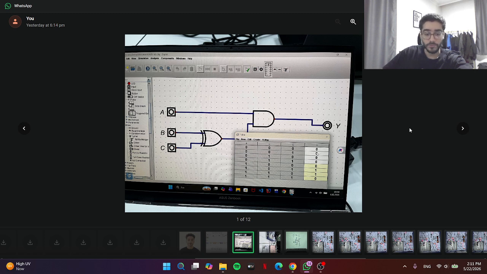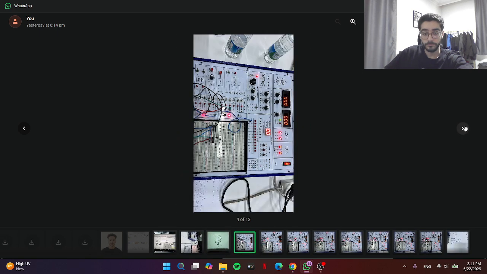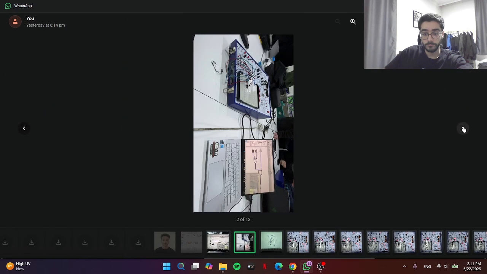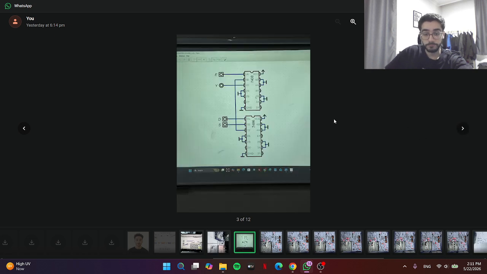The inputs were connected using colored jumper wires, where each color represented a specific signal line, and the output was monitored through the Y output terminal, VCC, and GND. Connections were also applied correctly to power the ICs.